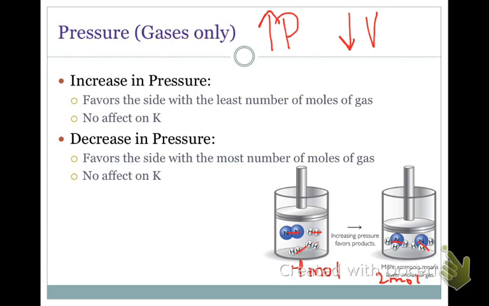So again, if you increase the pressure, the volume goes down, the side which has the least number of moles is favored. If you decrease the pressure, that means the volume goes up. And so if we increase the volume, we favor the side with the most number of moles of gases. And of course, there's no effect on K.